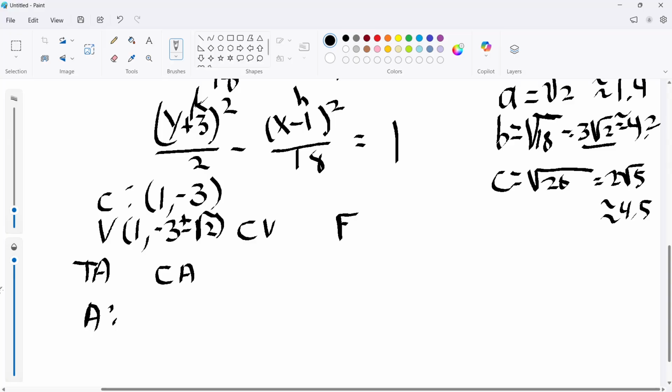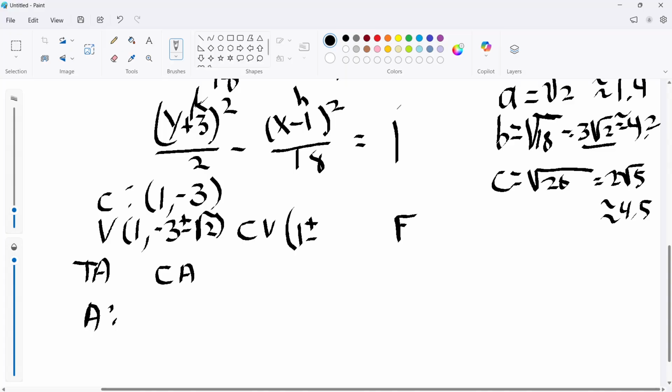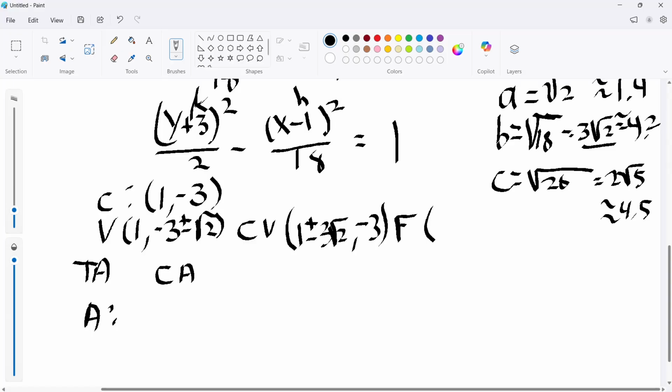The covertices are going to be to the left and right, so it's 1 plus or minus 3 square root of 2, comma, -3. The foci are going to be C above and below, so it's going to be 1, comma, -3 plus or minus 2 square root of 5.